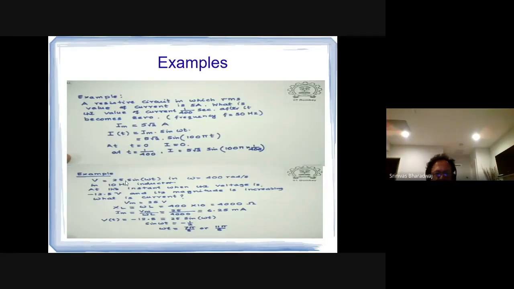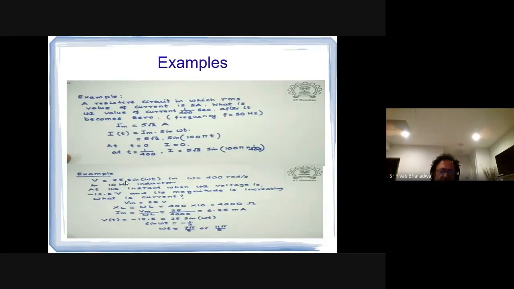Now he's given another example. V is this. There is an inductor, 10 Henry. So omega is 400 rads per second. What is the reactance? 400 times 10, and they use the unit ohms.